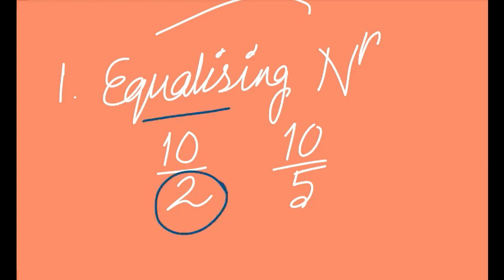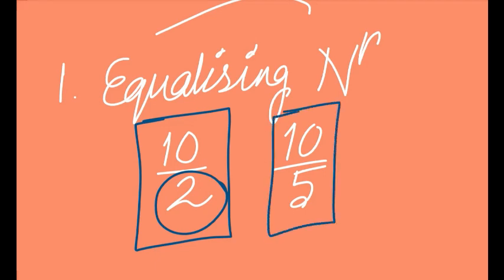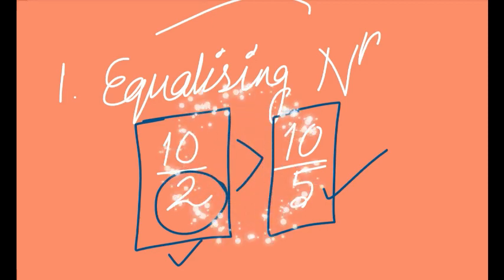Now this fraction 10 by 2 has a smaller denominator than the other fraction. In this fraction the denominator is 5 and here the denominator is 2. So remember, the fraction with the smaller denominator is greater than the fraction with the bigger denominator.